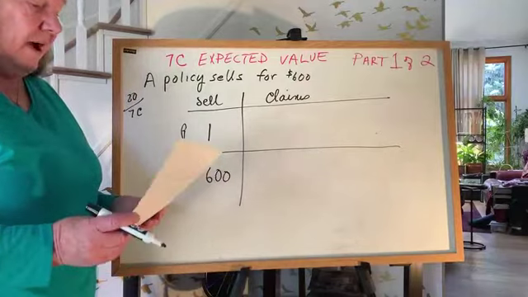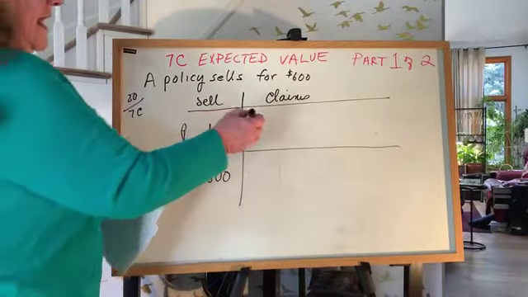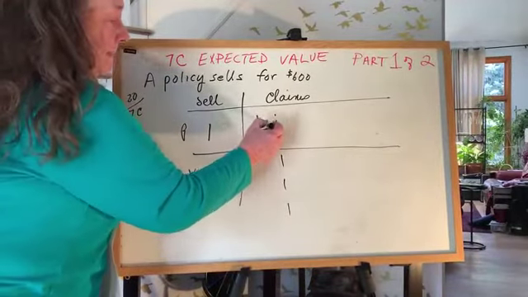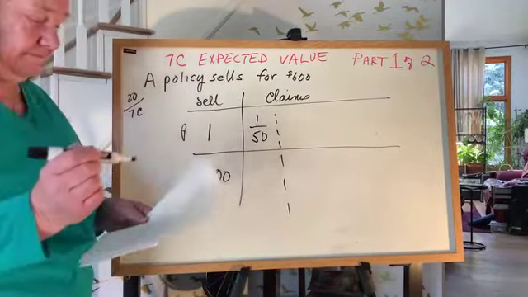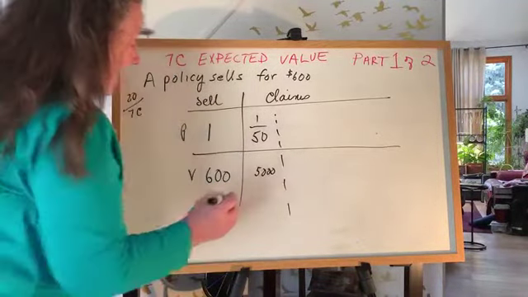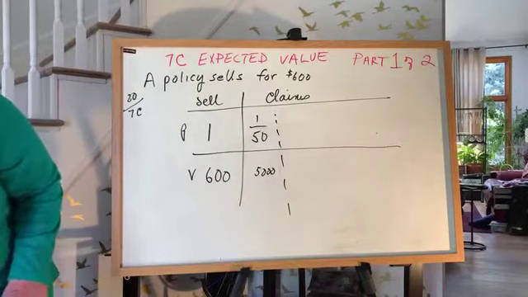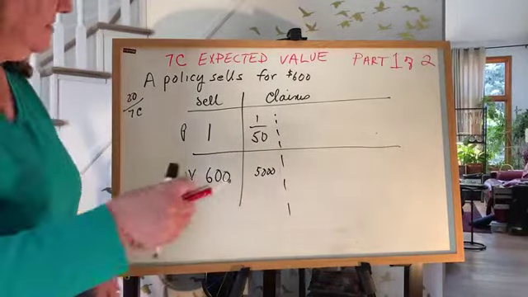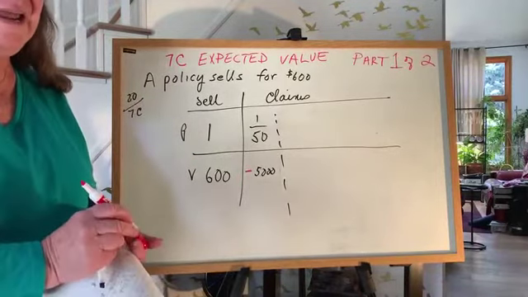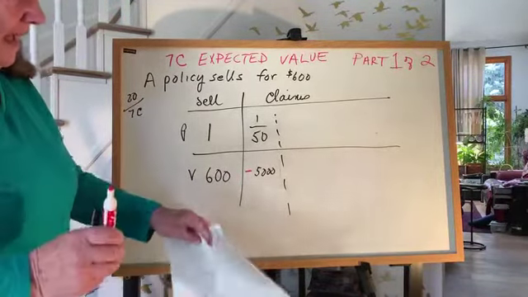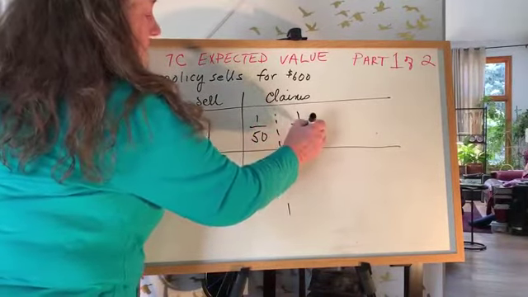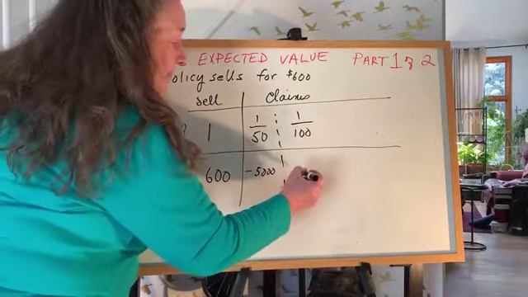Okay? But history has told us that one person in 50 will file a claim for $5,000. And that's money I have to pay out. So, to pay out, this becomes a negative number. So you have to be very careful to get that negative in there. Okay? History also tells us that 1 in 100 people will file a claim for $10,000.